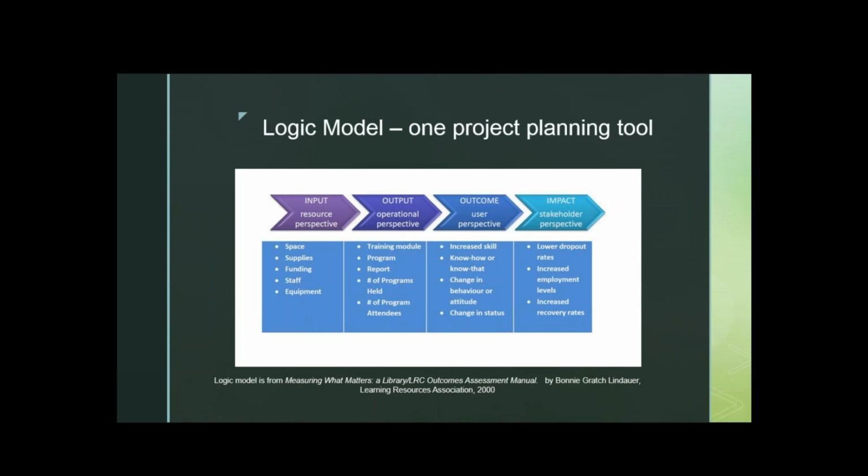And you hope that it's that ultimate goal that I referred to in the previous slide, that kids are gaining these 7 executive functioning skills and using them and being more successful in life. And so you can see from this image, it's talking about typically larger community issues or things that people care about, like lower dropout rates or increased employment levels. It's kind of the community as a whole.